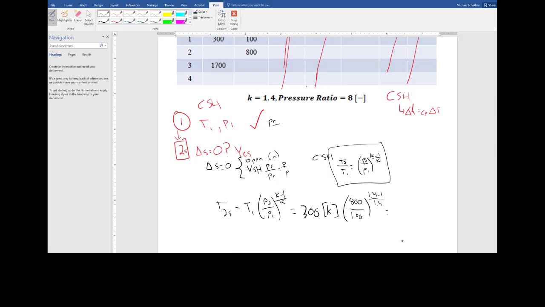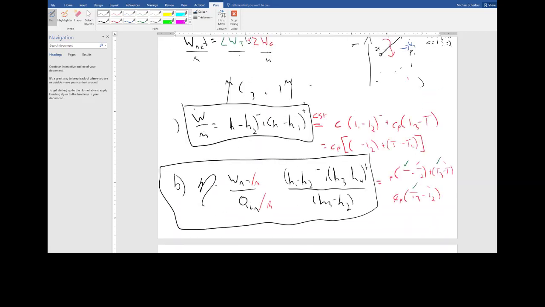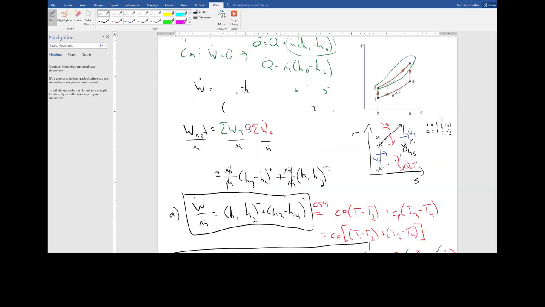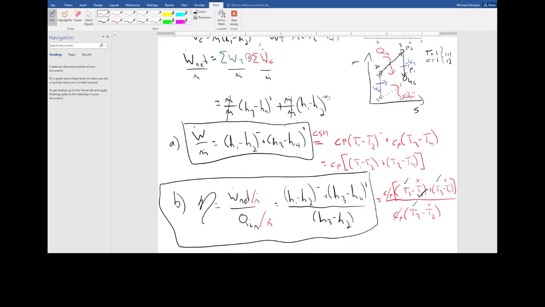I get 1.8 times 300 is equal to 543.4 Kelvin. So this is good because now I know T2. Because I know T2, it means that the only thing left that I have to do is find T4.